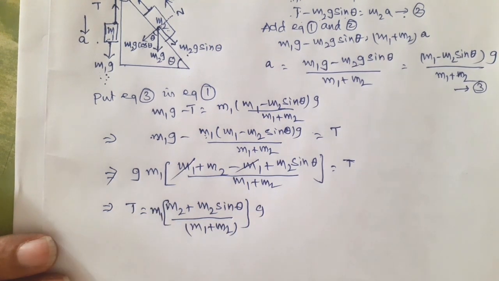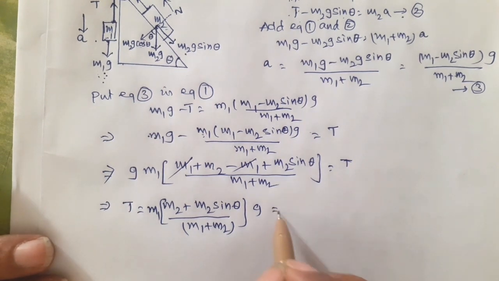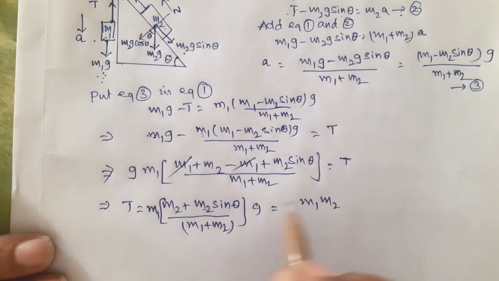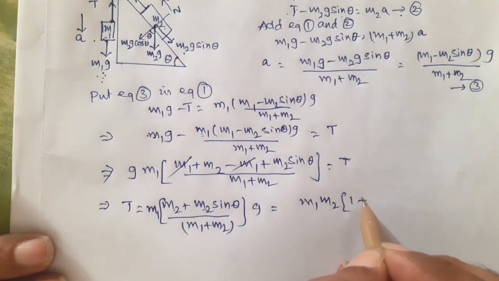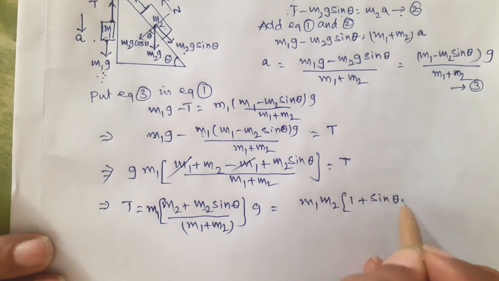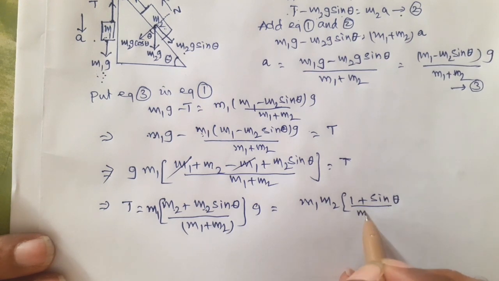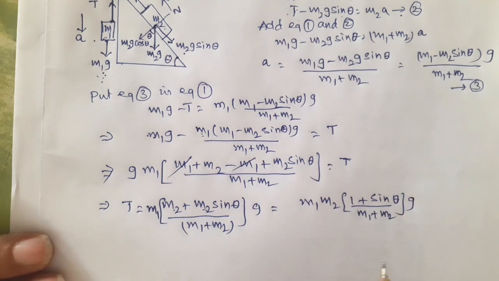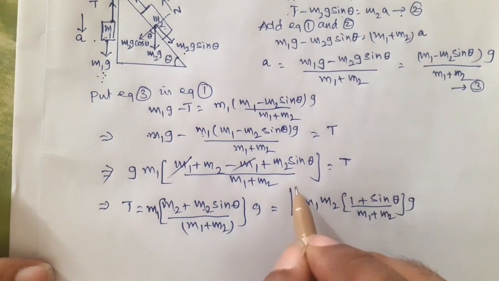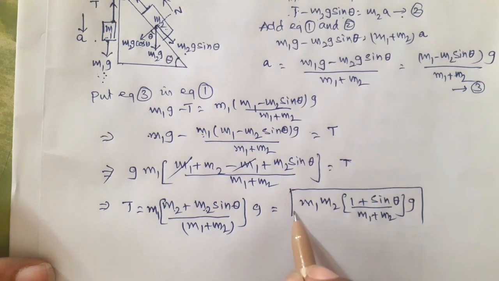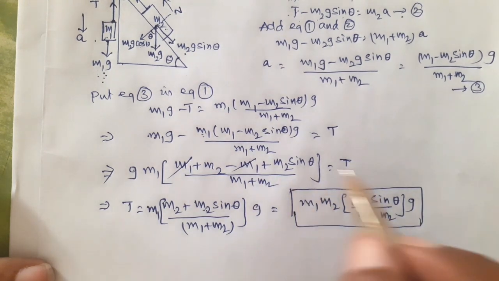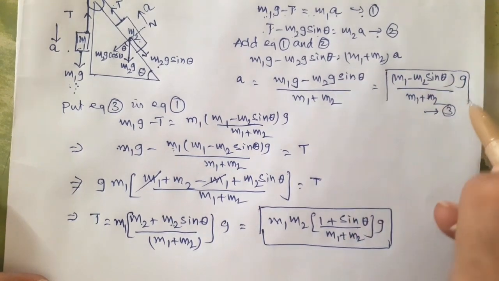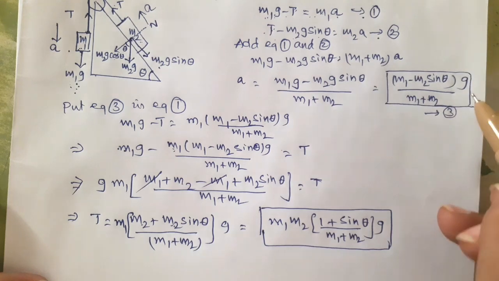Or you can write this as, taking m2 as common, T = m1 m2 (1 + sin theta) by (m1 + m2) into g. This is about the tension, and this gives the acceleration.